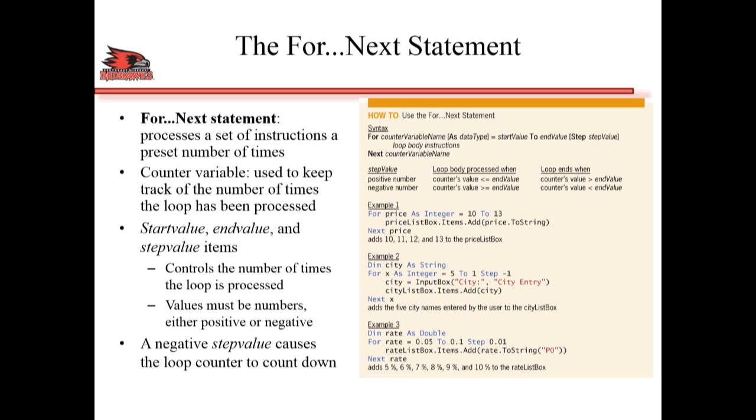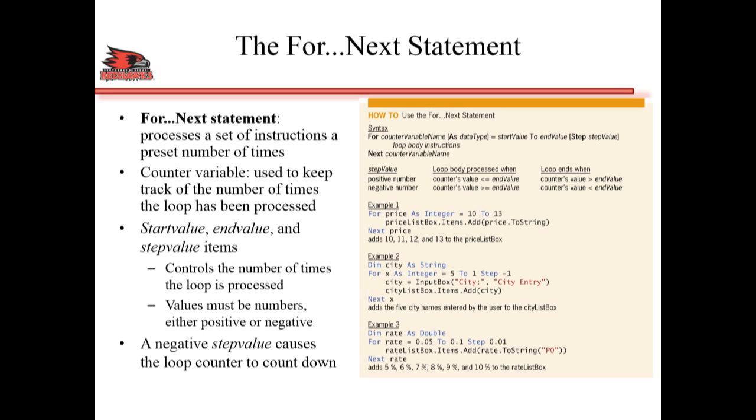The difference here for the for next statement is that the do loop basically ran the set of codes for the number of times until some condition was either true or false. If it was true, then we would keep doing the same code until it went false, or maybe it was false and whenever it was true, then we stopped running the code.